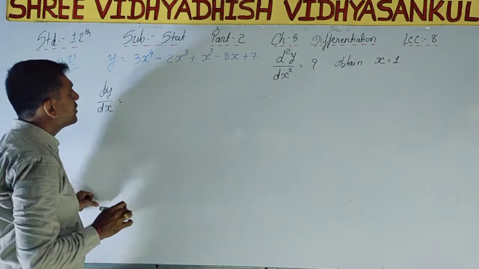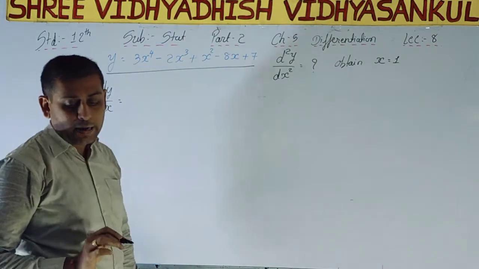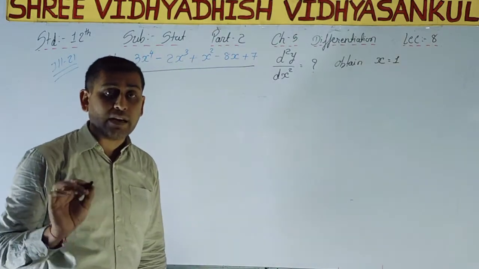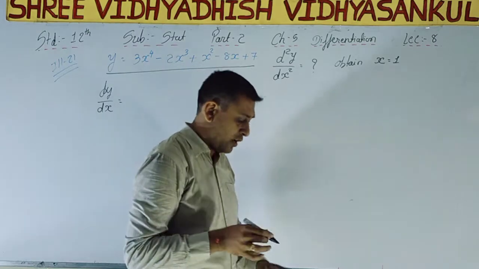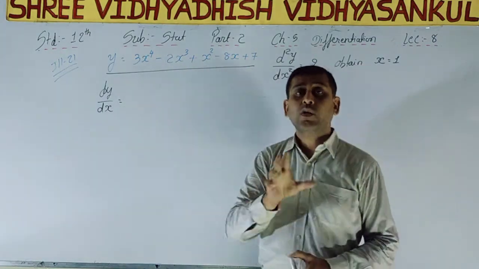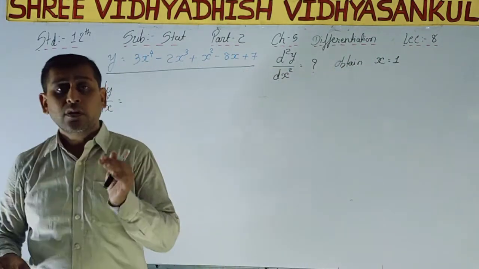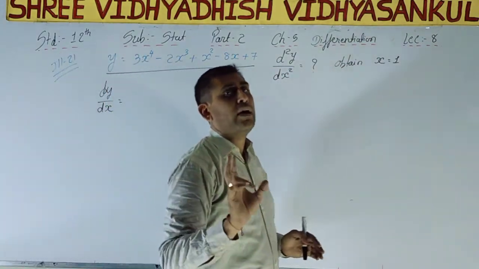From this we have to find out the dy by dx. I am writing the direct answer here. When the second derivative is asked, you have to write down the direct answer, because this one is only a 2 mark sum.